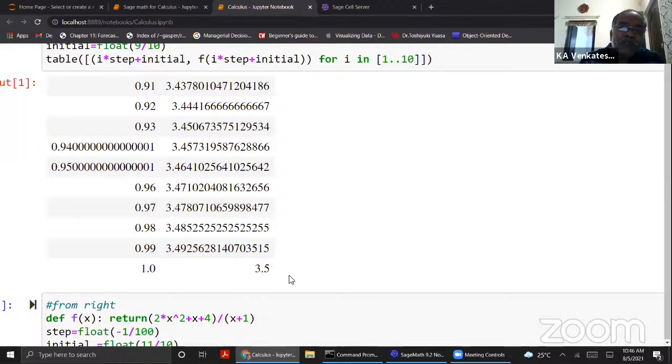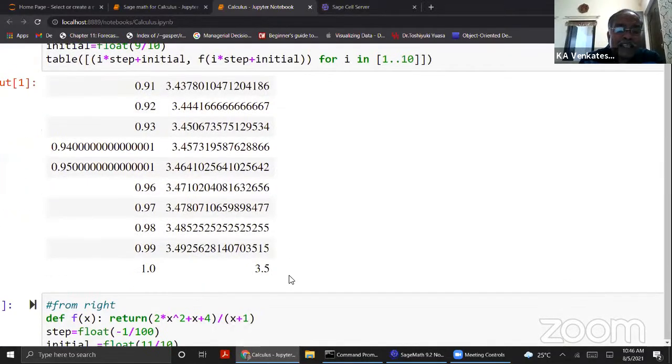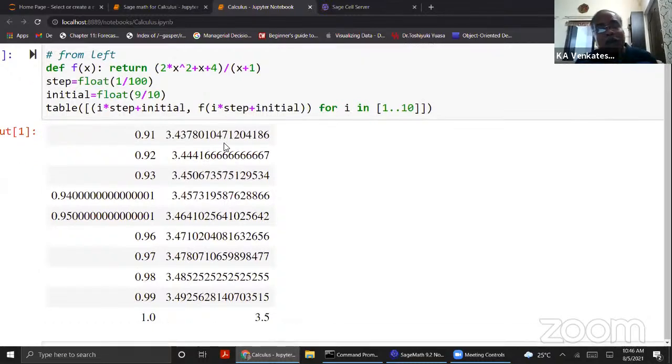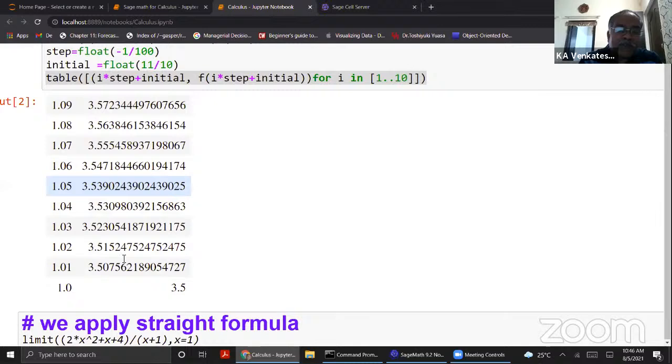What about the right limit? What change are you going to make? For the right limit, you change the step value as well as the initial value. If I take float minus 1 by 10, that is 11 by 10, because we are going to the right side, 1.1 onwards. So 1.09, 1.08, up to 1 as you come closer: 1.01, 1.02.